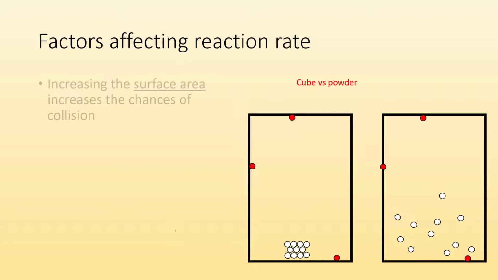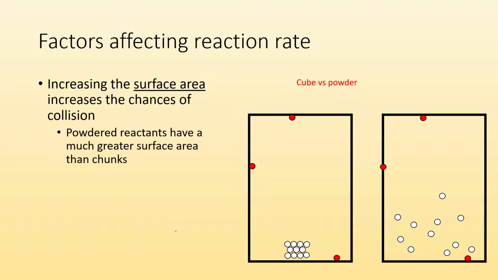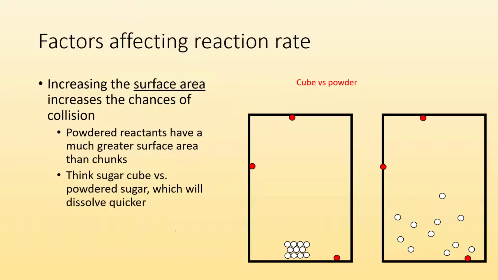Cool. So why is this? Well, increasing the surface area increases the chances of collisions. So, for example, I have a powdered reactant versus a chunk. Think a sugar cube versus powdered sugar. Which will dissolve quicker? Well, if it's broken up into smaller pieces, this side would have the higher surface area than the cubed, right?